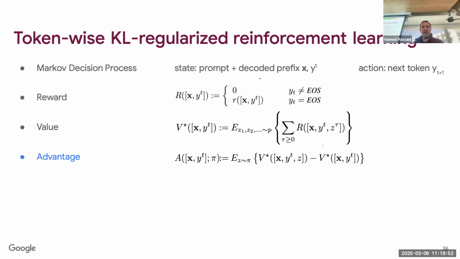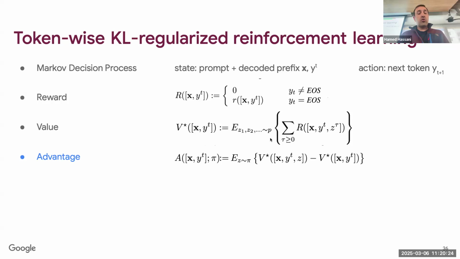And we're going to define an advantage, so this is just for mathematical convenience. Now I'm going to perturb my language model. So from P, we're going to go to pi, right? Our goal was to make it more safe. And I'm going to look at the value of x, y_t, and all z's that are now drawn from pi, no longer from p.